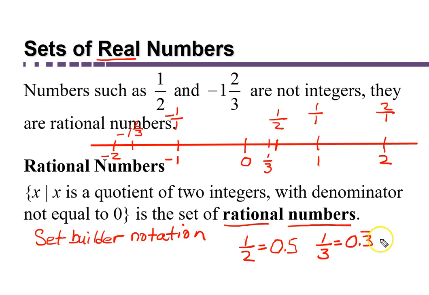It doesn't terminate, but just repeats a pattern. We also say fractions in helping to define rational numbers, in their fractional decimal form, terminate or repeat or show those patterns. These are considered rational numbers, because we're getting ready to introduce our next type of real number.